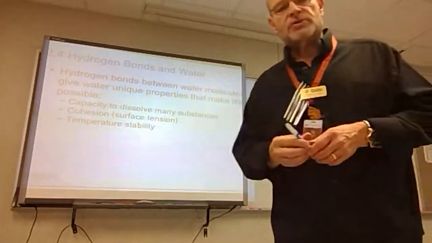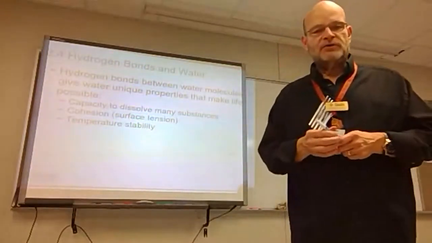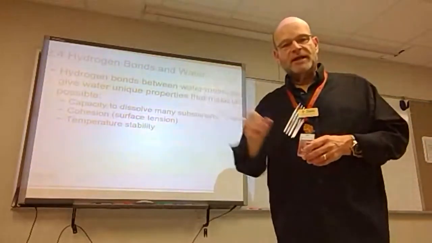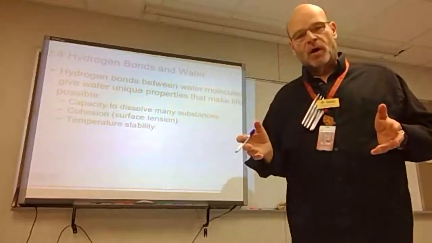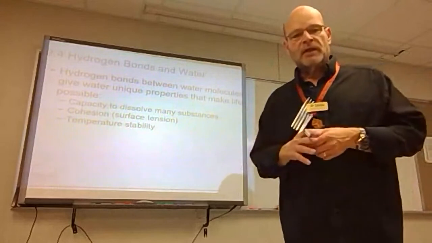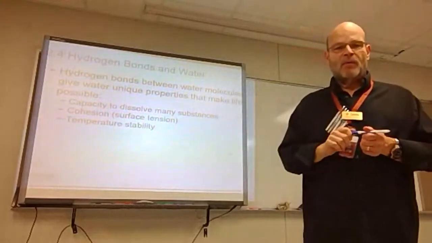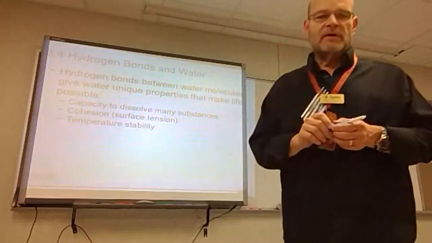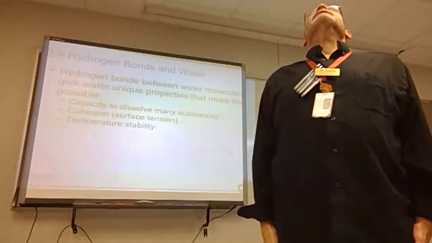I told my group yesterday, and I'll tell you today, if you're ever trapped on a train trestle, that's the bridge on the train, and the train's coming and you can't outrun the train and you have to jump into the water and the water's 30 feet below you, unless you are a very expert diver and you know how deep that water is down there, don't go in head first. Go in feet first. And you want to go in as straight as you can.